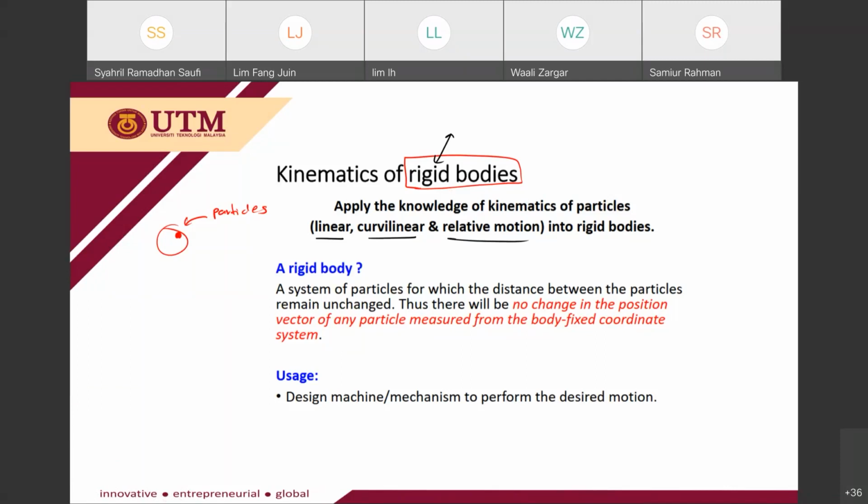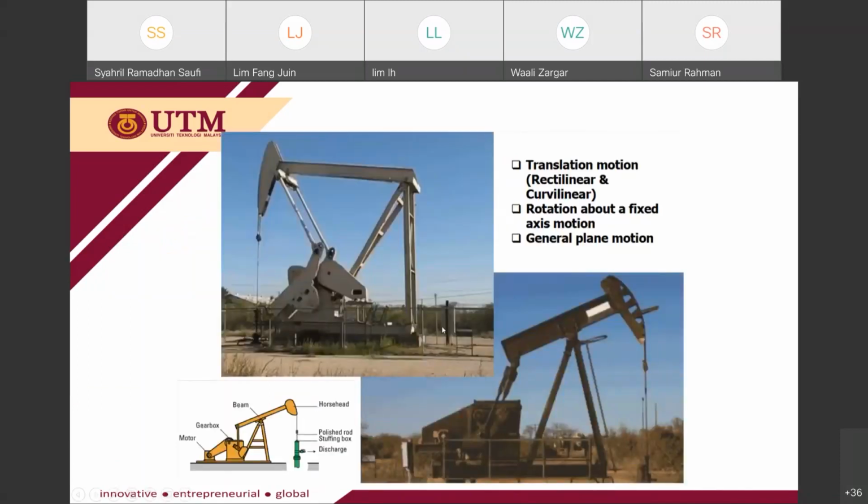This is the example of the oil rig, how to dig oil from the earth. If you notice, there is a lot of motion by the mechanism of the system.